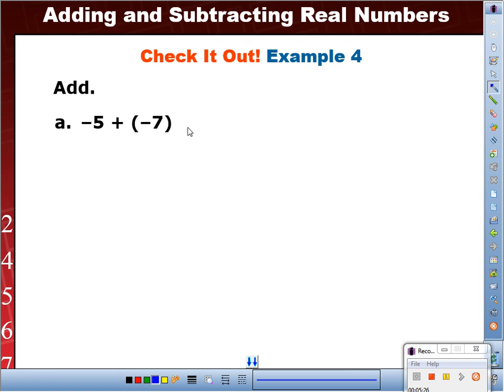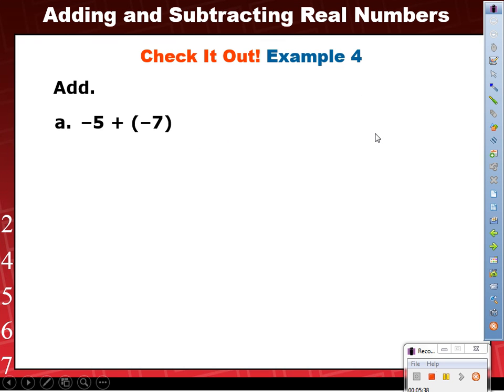Okay, everyone, what did we get? Negative 12. Hands if you got negative 12. Okay, let's go copy this next one. Example 4. Negative 15 plus 17. You got 20 seconds.